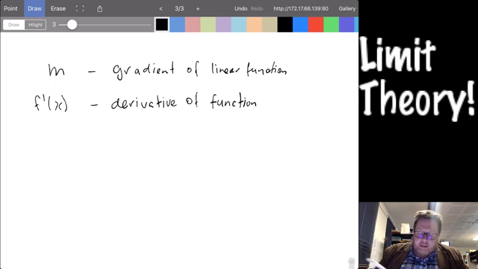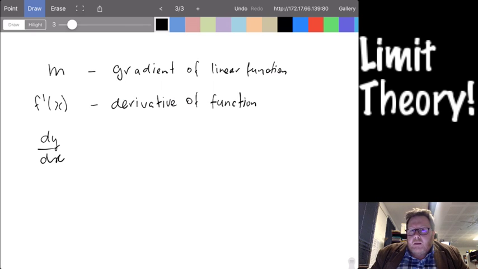There is one other. It's a little bit more old school, but you will come across it. It goes like this: dy by dx. Often used when you're using y equals something rather than f of x equals something, and dy by dx simply means, think of it like this, d is short for the Greek letter delta, and delta is often used in mathematics to describe a movement or a change.